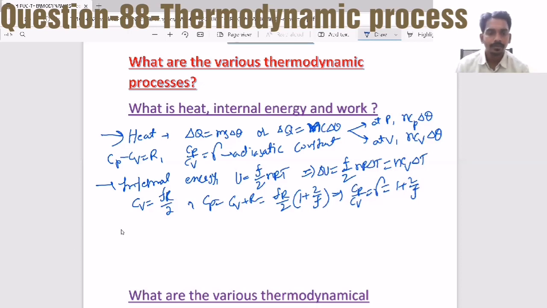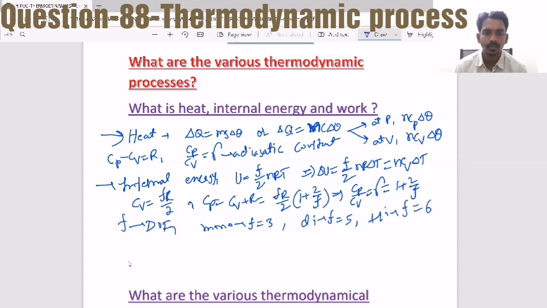For monoatomic f is 3, for diatomic f is 5, for triatomic f is 6.